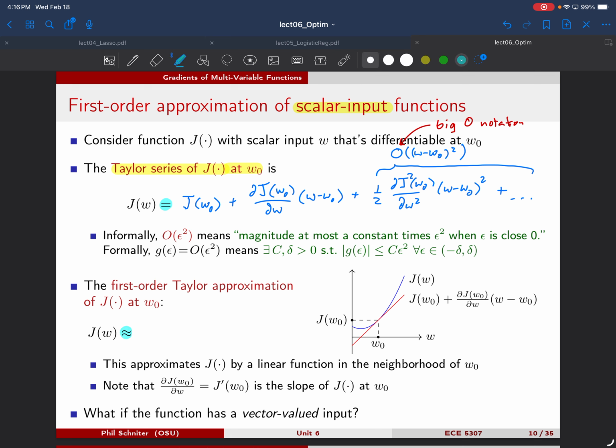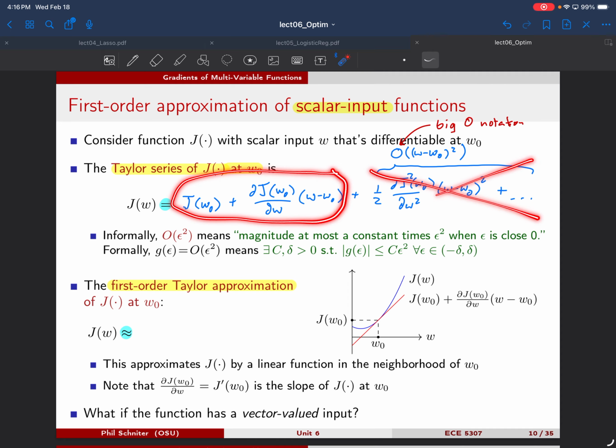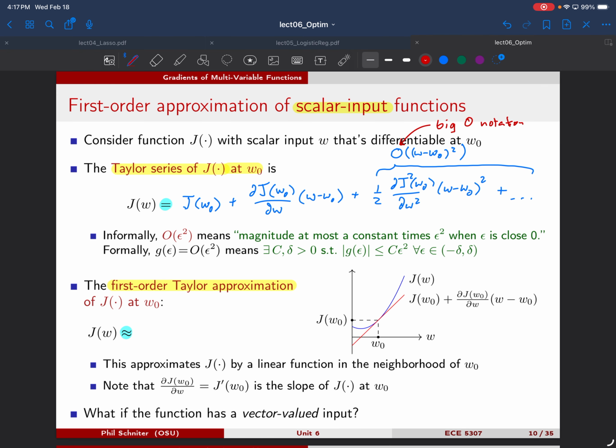Since we're going to do a first order Taylor approximation, that means we're going to keep only the terms up to the first order and get rid of all these other terms. So we no longer have an equality, now we have an approximation. In particular, that approximation is going to be J at W naught plus the derivative evaluated at W naught times W minus W naught, that deviation.